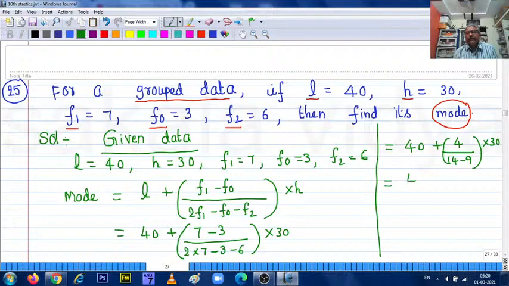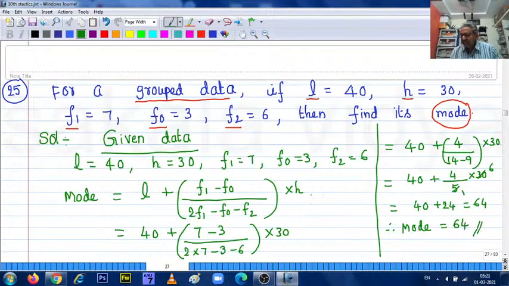So 40 plus 4 divided by 14 minus 9 is 5, times 30, 5 sixes are 30. Here we have 40 plus 4 sixes are 24. This is equal to 64. So therefore mode of the group data, mode equals 64.